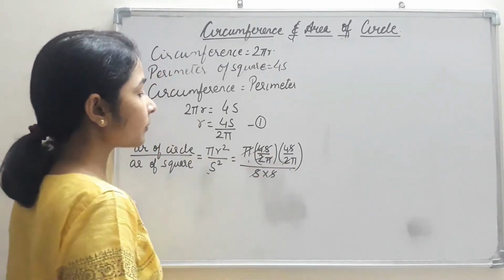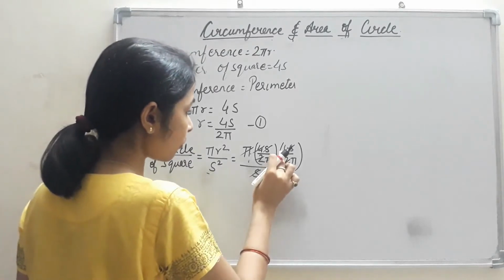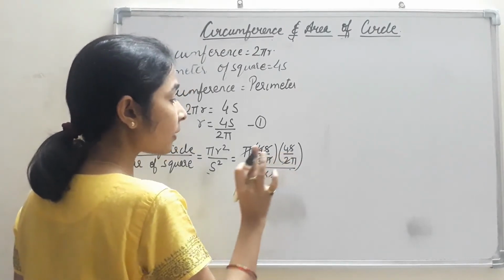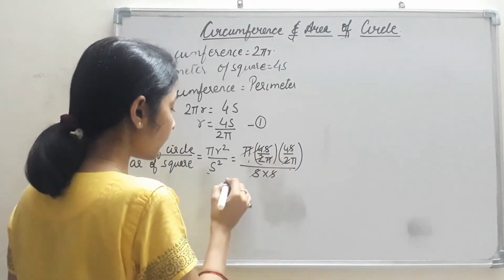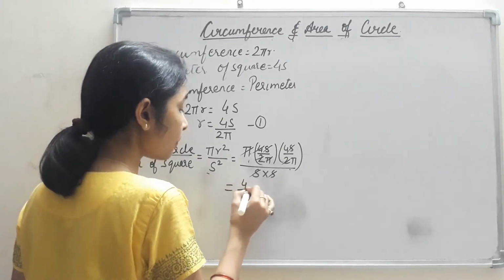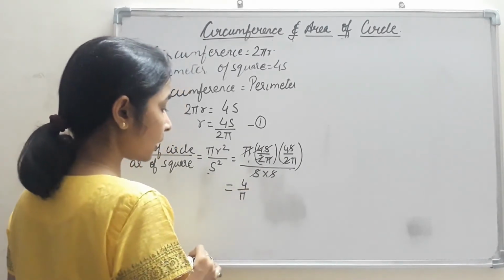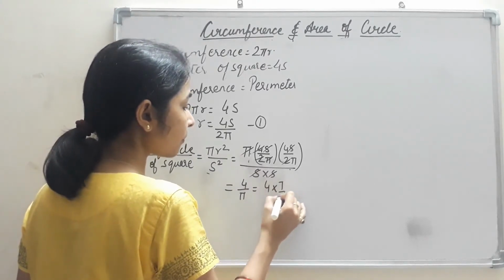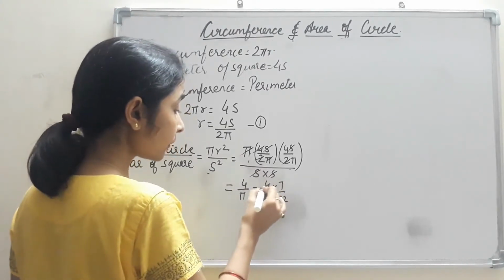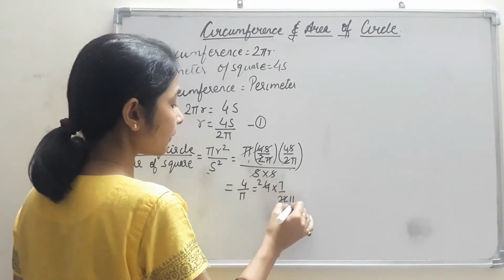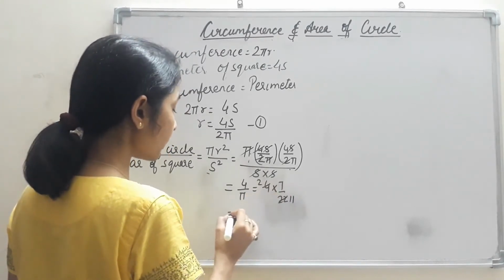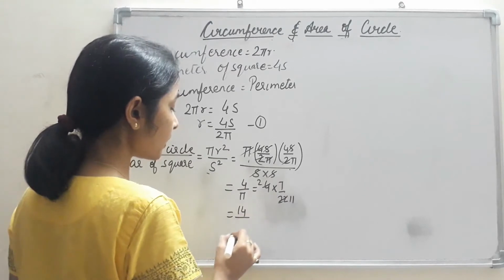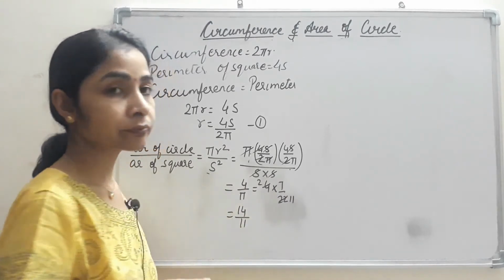What remains with us is 4 and a pi. So let us write it 4 upon pi, that is equal to 4 into 7 upon 22. 2 2s are 4, 2 11s are 22, 2 7s are 14, so the ratio of the areas is 14 upon 11.